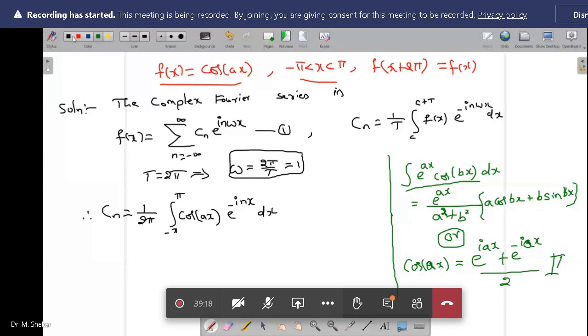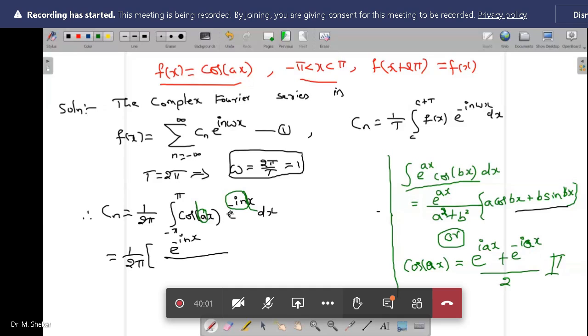Anyhow, when I use the first result, that is integration of e power ax cos bx dx is e power ax divided by a square plus b square times a cos bx plus b sin bx, we make use of this integration formula and that becomes 1 by 2 pi, e power minus inx whole divided by, so here this quantity minus in is a and this is our b.